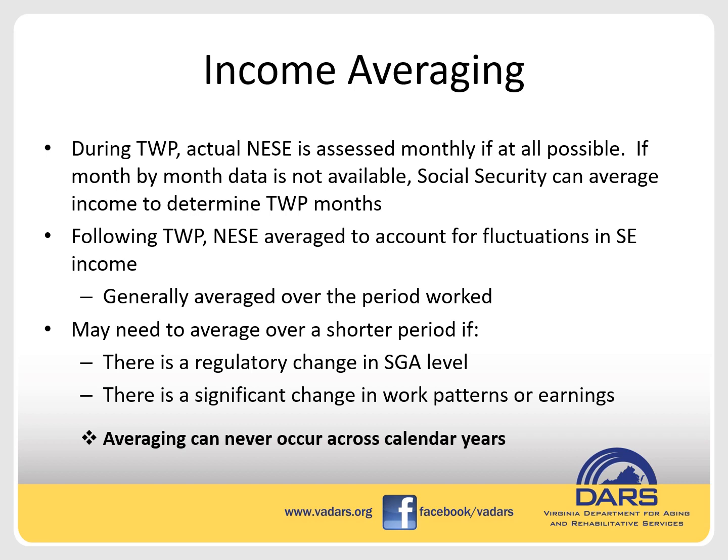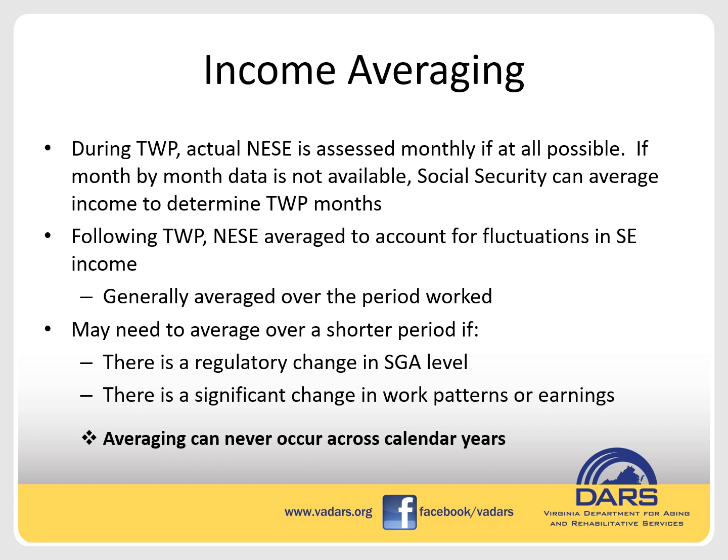An example of that would be, let's say somebody started working in November of 2023 and worked up until March of 2024. Social Security can't average that entire period because there was a change in the SGA level between November and January. So they would only be looking at the first couple months of 2023 and averaging, and then they have to look at the first couple months of 2024 separately.